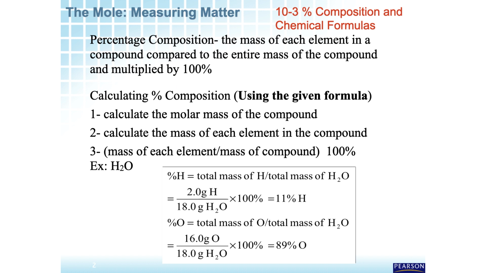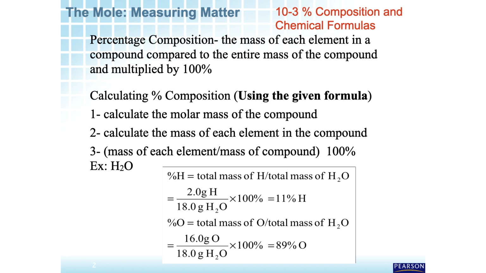Percent composition of water is the total mass of hydrogen over the total mass of water to get the percent hydrogen. So in the calculation, of 18.0 grams of H2O, 2.0 grams are that of hydrogen. So 2 divided by 18 is 11%. The percent composition of oxygen would be the total mass of oxygen divided by the total mass of water.